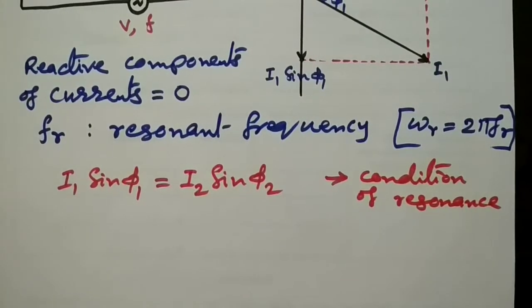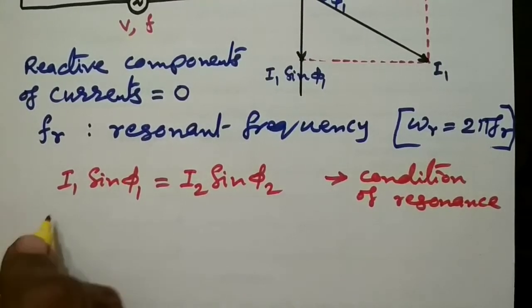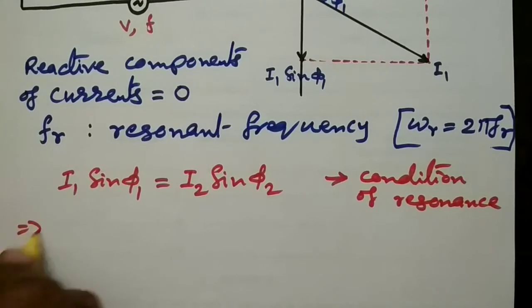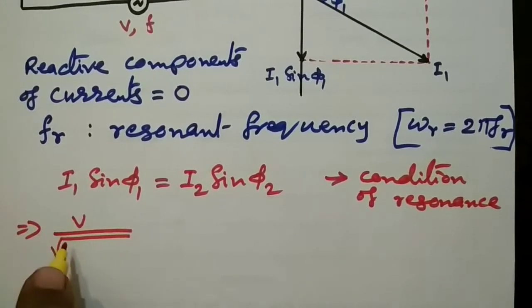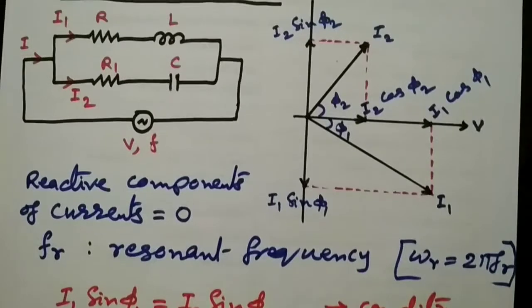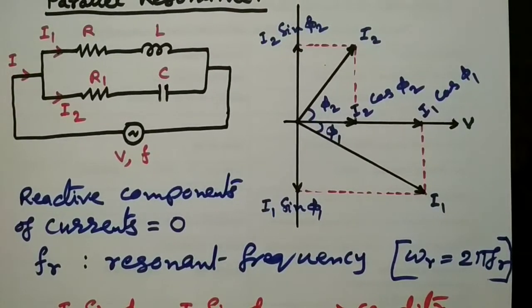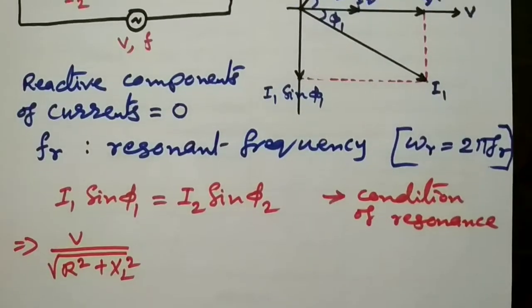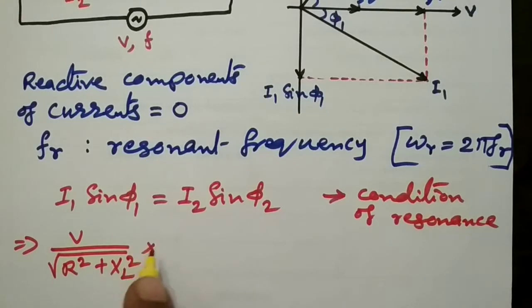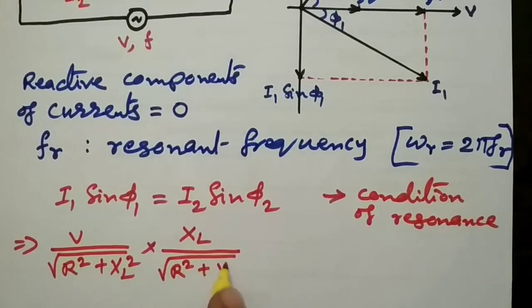So the value of I1 can be written as V upon square root of R square plus XL square, because in the RL circuit the impedance is square root of R square plus XL square. The sin phi 1 can be written as XL upon square root of R square plus XL square.